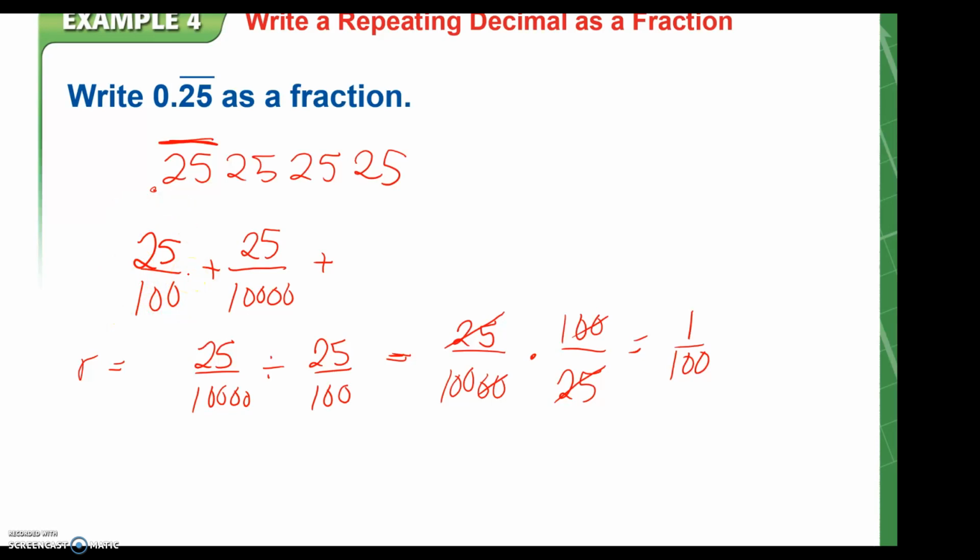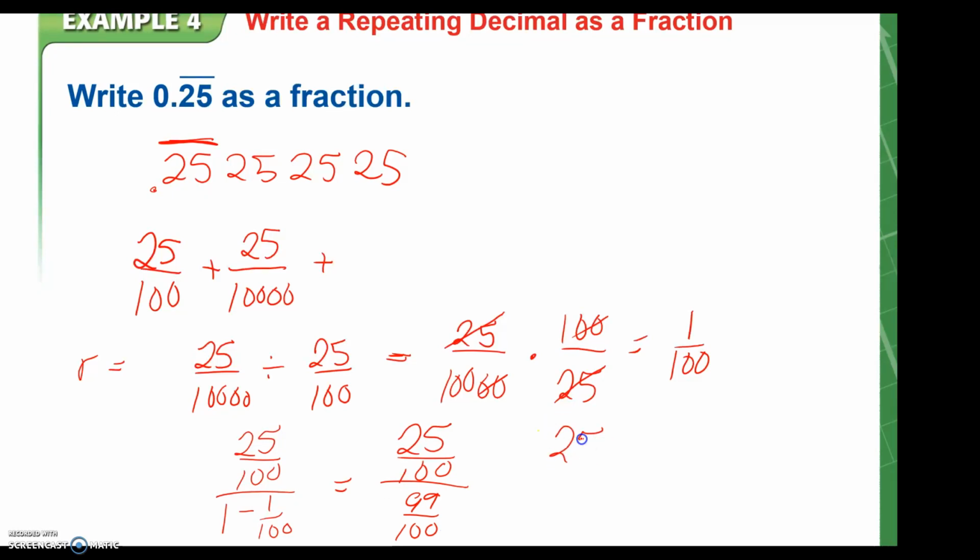So the sum of this is going to be the same as this decimal as a fraction. So A1 is 25 over 100, over 1 minus 1 over 100. So 25 over 100 over 99 over 100.